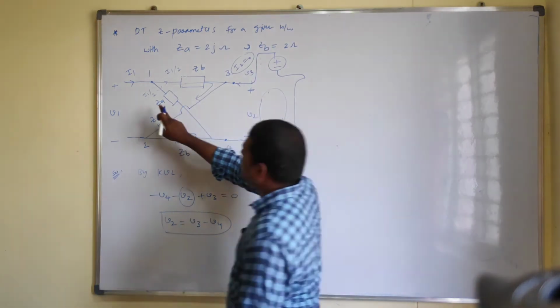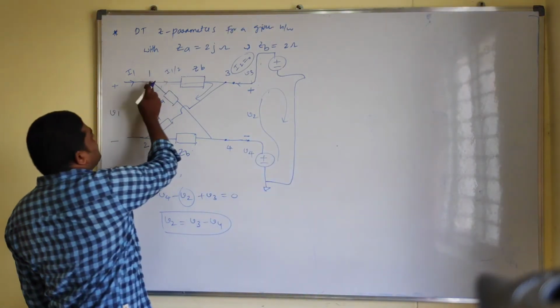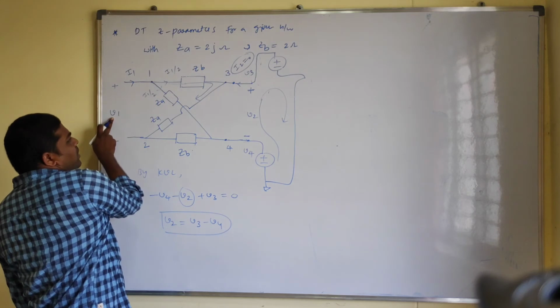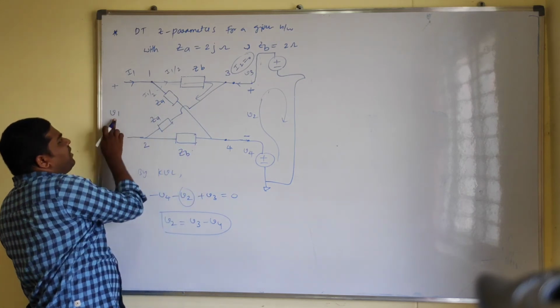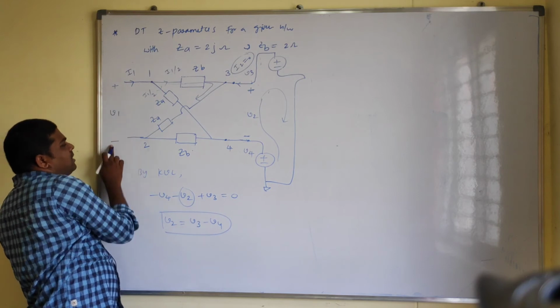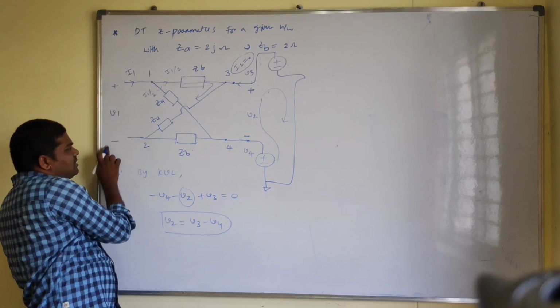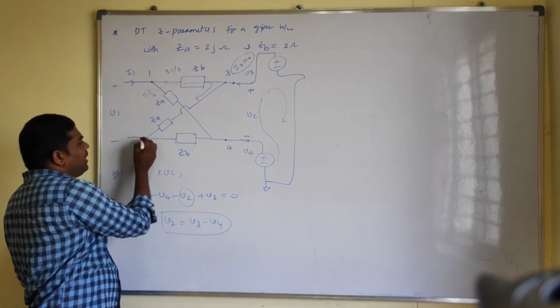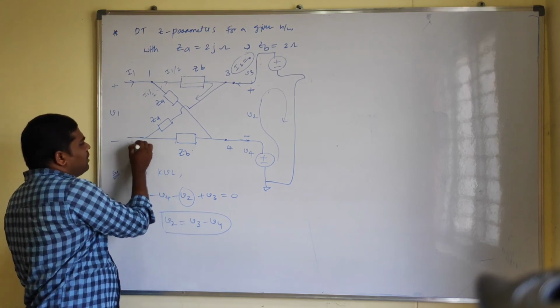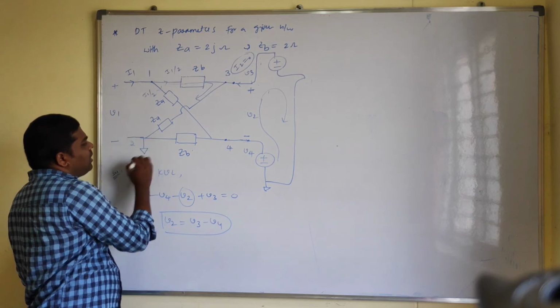So here we have some voltage drop, that is V1. At this terminal 1 we have the V1 voltage drop, and this V1 is connected to plus and minus terminals, so we can consider this minus terminal as ground, that means the reference node. So here I am connecting to a ground node, 0 volts.